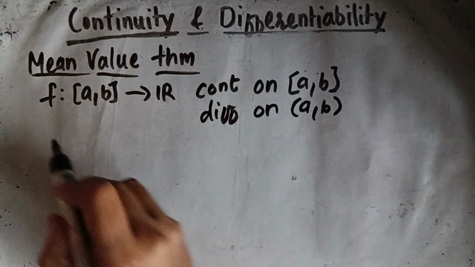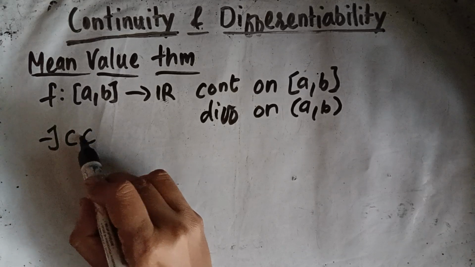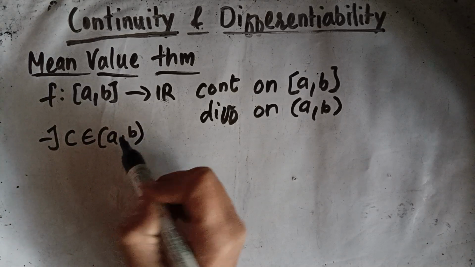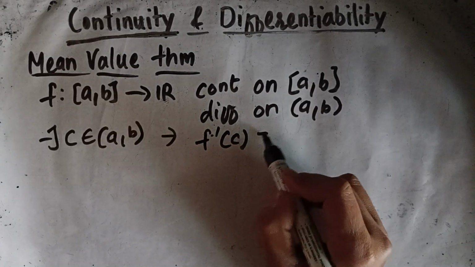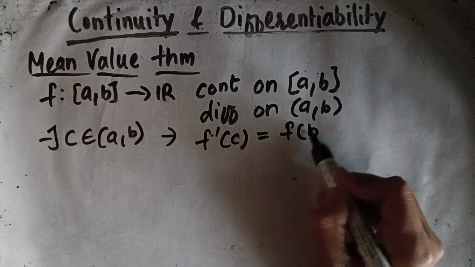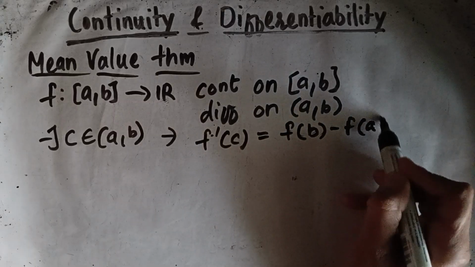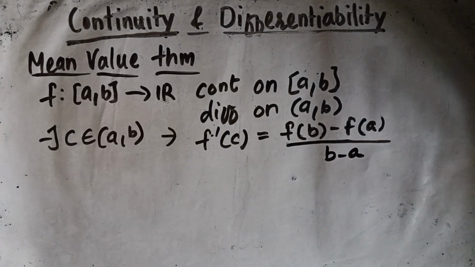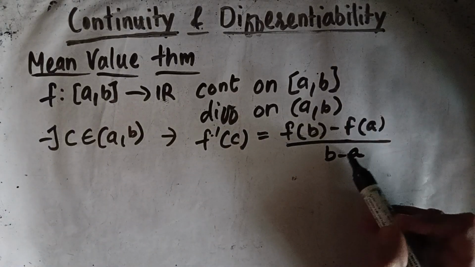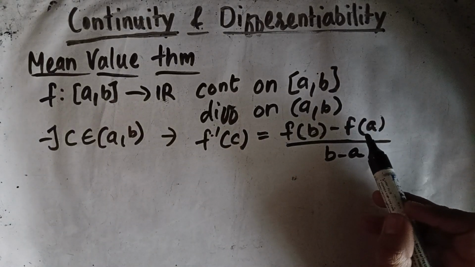Then there exists a c belonging to the open interval (a, b) such that f dash of c is equal to f of b minus f of a upon b minus a. This is what our mean value theorem says. So this is nothing but the slope, right? That is the derivative.